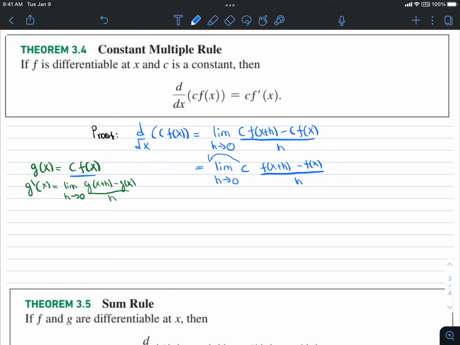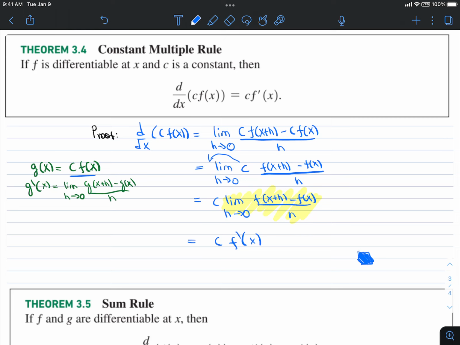So I can bring the c out, and that comes from the constant multiple rule for limits. So I'm relying on the fact that the constant multiple rule is true for limits to show that it's also true for derivatives. And now this is c times this guy, and this guy, if you look at it carefully, is f prime of x. Okay, so this is my proof.